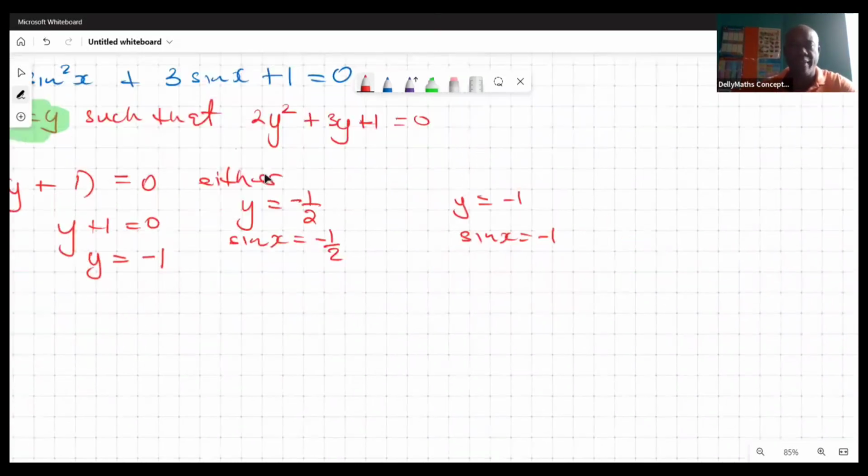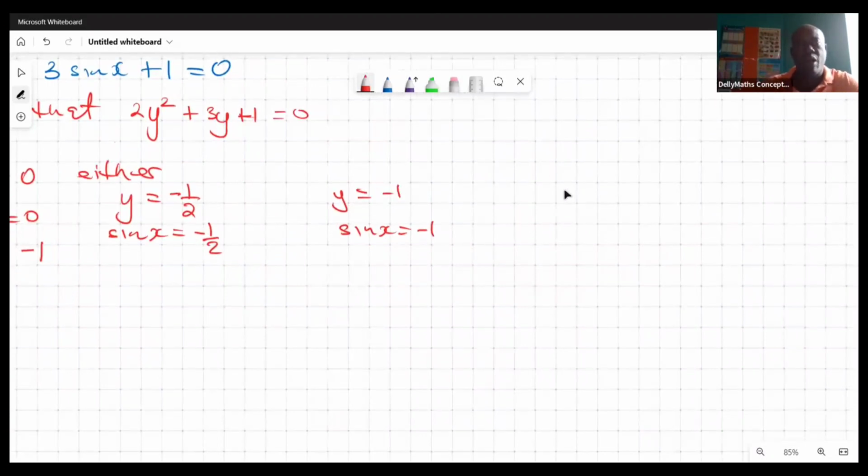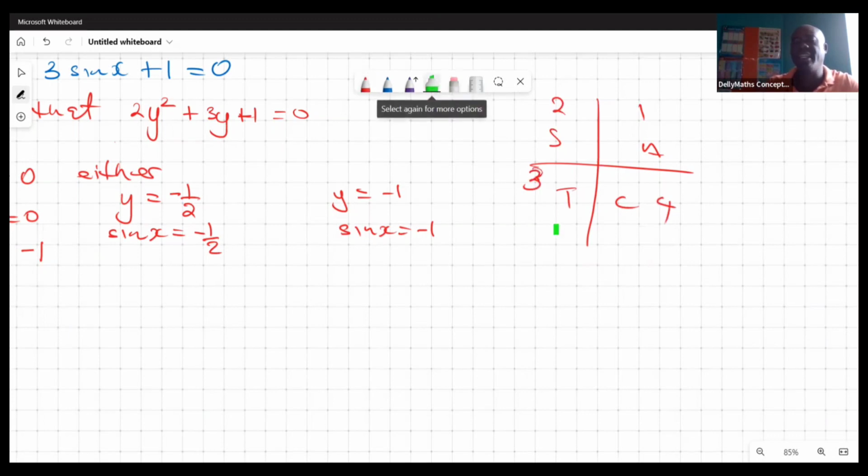So let us take a look at finding these solutions. All right, so we want to find where sine is equal to negative. There are two places that sine is equal to negative. First, second, third, fourth. Sine is only negative in the third and the fourth quadrant.